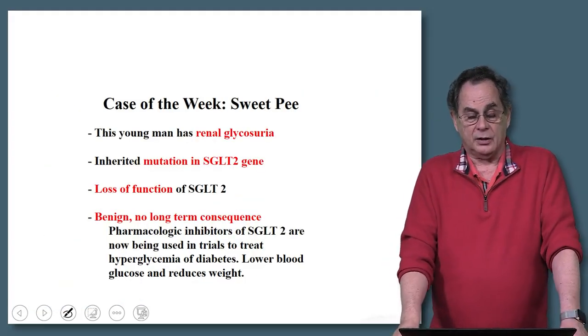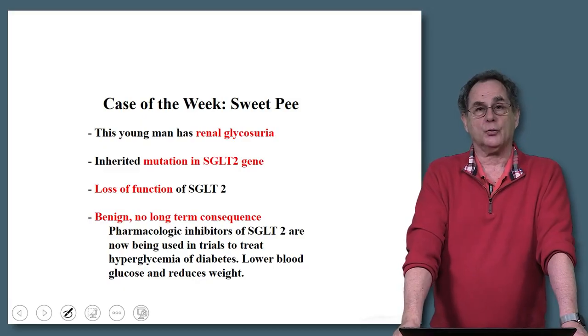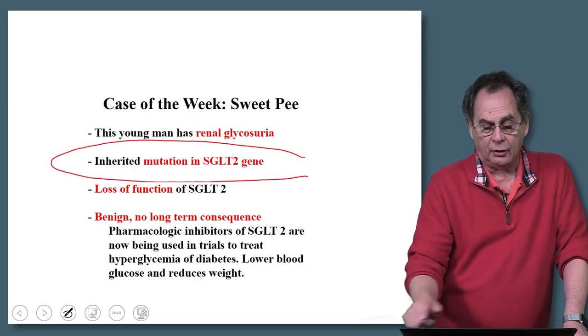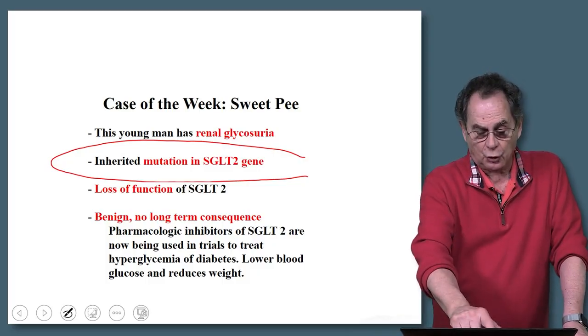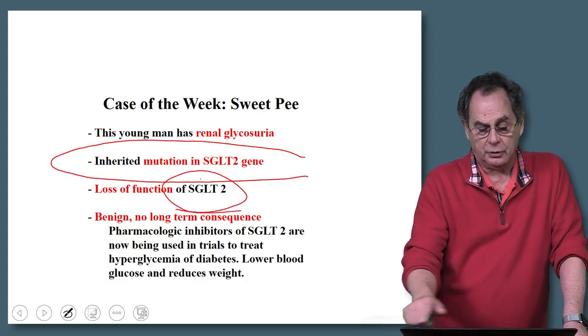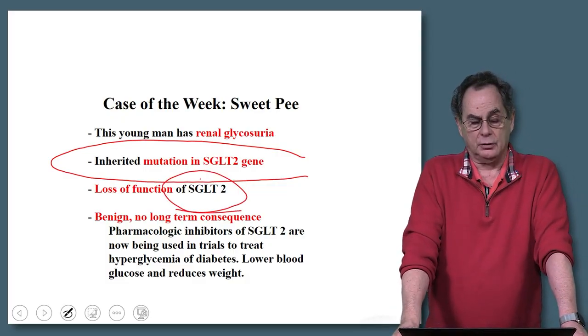Well, this young man has what's termed renal glycosuria. He was subsequently found to have an inherited mutation in the sodium glucose cotransporter 2 gene, and that led to a loss of function of the SGLT2 protein.